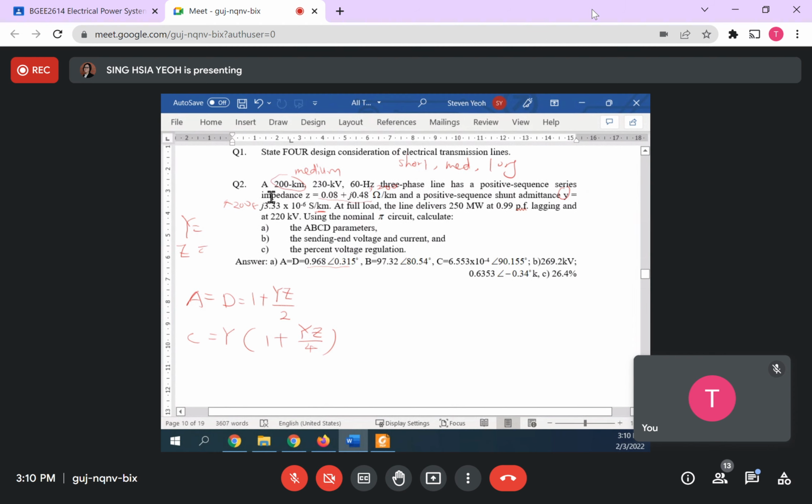If you straight away use the values here, then it's actually wrong. You need to multiply with 200 first. Then C you should get this one. Then D you have already here, A equals D. C you have already. Then B equals Z, which is 97.32 angle 80.54 degrees.